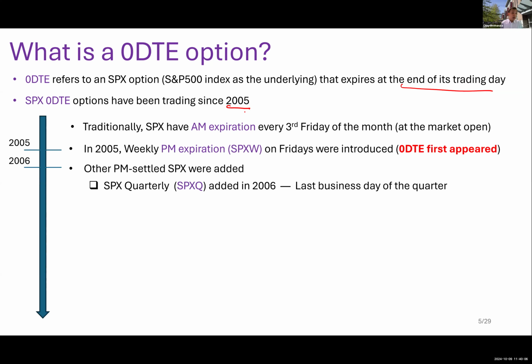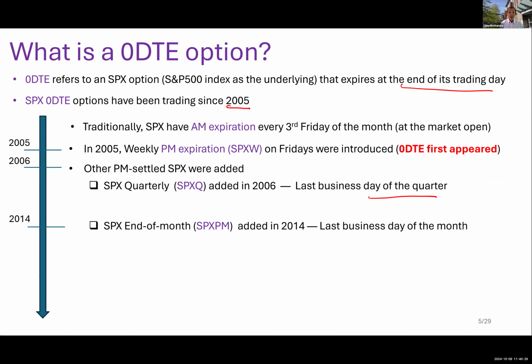This product got very popular, so in 2006, CBOE also introduced another PM settlement style that expired at the end of quarters. These could be two to three quarters ahead of time, long maturity options, but they expire on the last business day of the quarter, PM settlement.